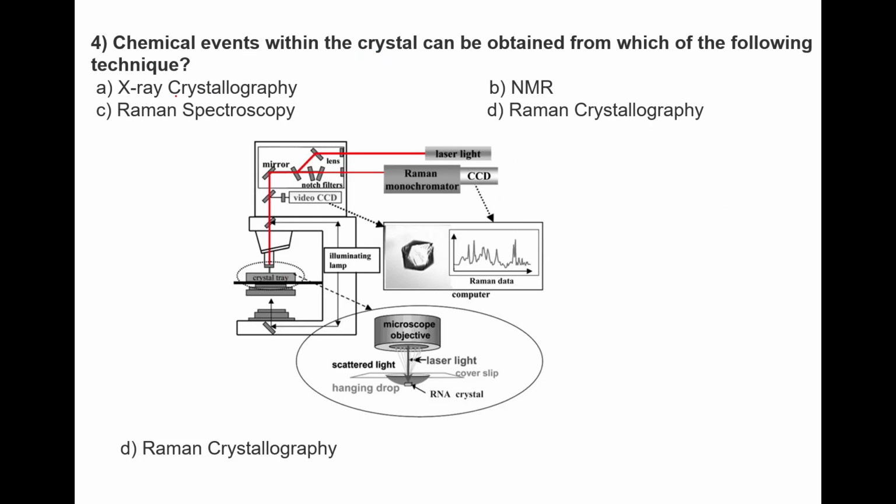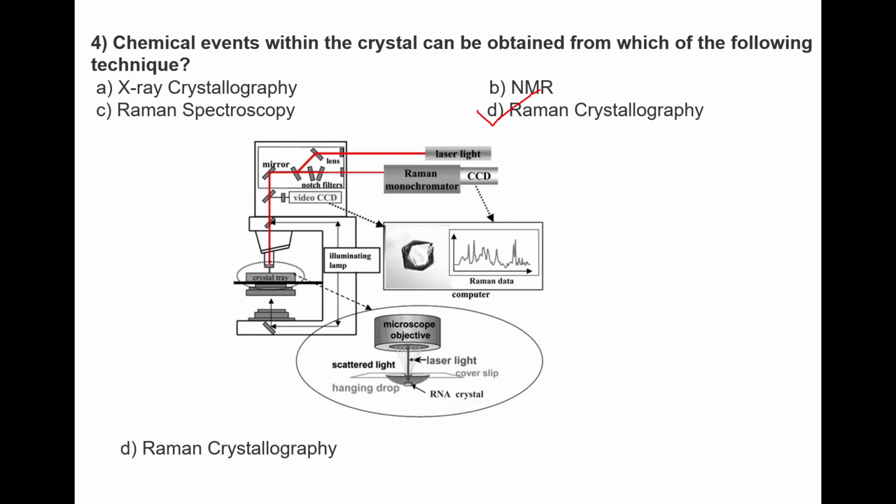It is not X-ray crystallography, because X-ray crystallography will damage most of your sample, and after some time you will not get the chemical events of the crystal. X-ray crystallography is not, NMR is not, and Raman spectroscopy is a spectroscopic technique, but if you want to see the chemical events within the crystal, it is more specifically Raman crystallography. So the answer to your question is option D.